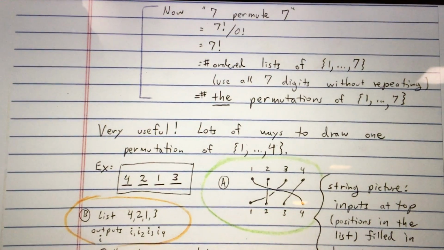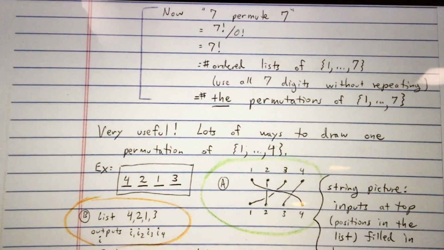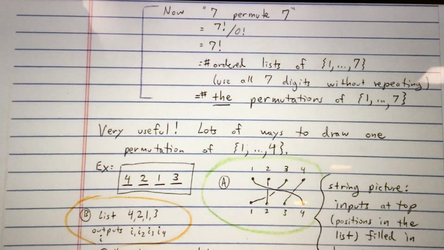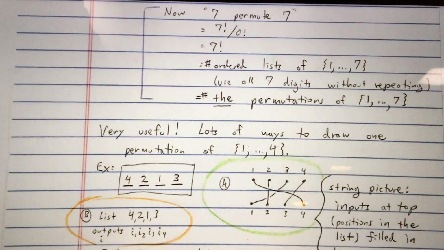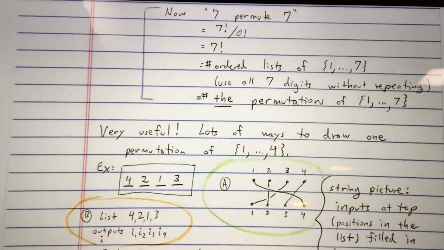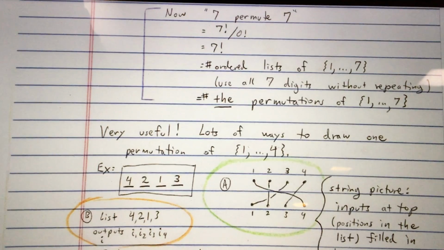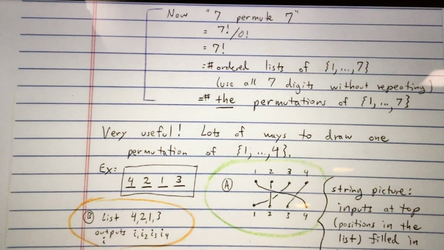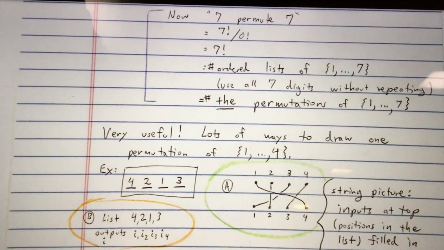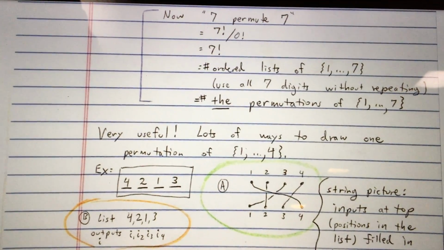And they do call those outputs I, and so you could call it I sub 1, I sub 2, I sub 3, and I sub 4. That's notation from the book. So they would say the first blank is I sub 1, the second blank to fill in will be I sub 2, the third blank I sub 3, and the fourth blank I sub 4.